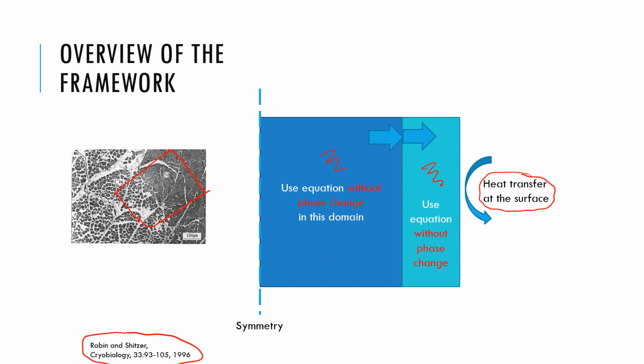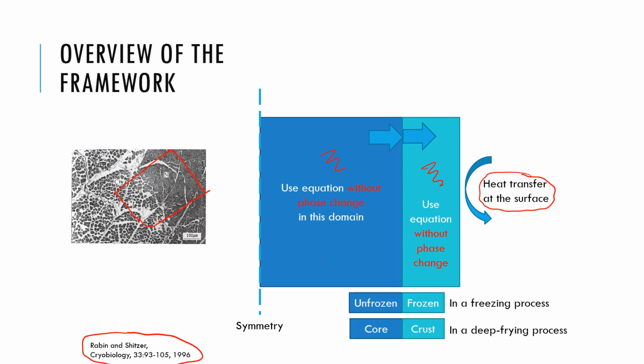Now this was drawn with the freezing picture in front, but the same idea applies for, let's say, deep frying, where you have heat coming in and evaporating at this interface, and those vapors going out, and again you have a sharp interface, or we can approximate it as a sharp interface, to the right of which we have the crust, and to the left of which we have the core with more moisture.